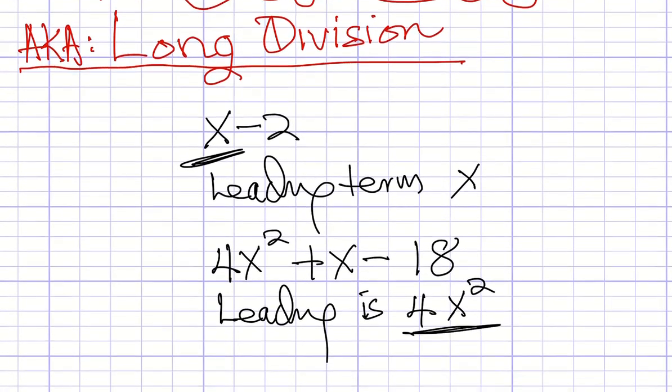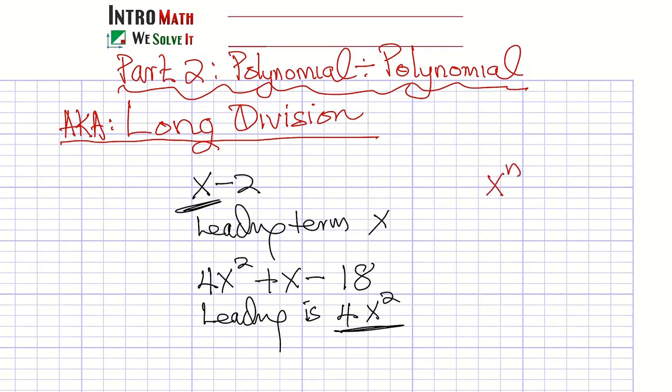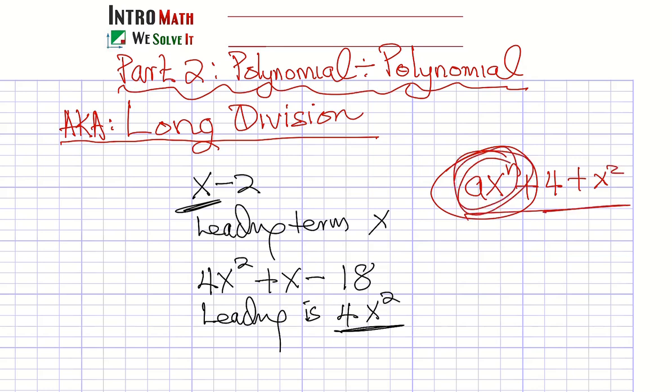If the largest exponent in the polynomial is x raised to power n, and there is a number multiplied by it, then that's the leading term. Let's say it's written like this, 4 plus x raised to power 2, the leading exponent is that.